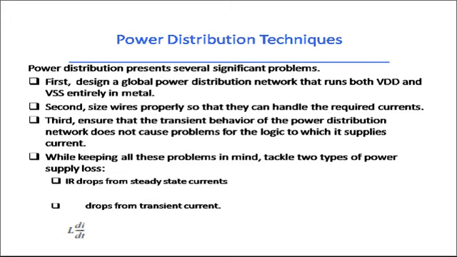Hence, whenever you design a chip, it is essential that you consider power distribution, because whenever you fabricate a wire on a chip, there will be IR drops, as well as L dI by dt, that is inductance drop, which may arise due to the transient currents.